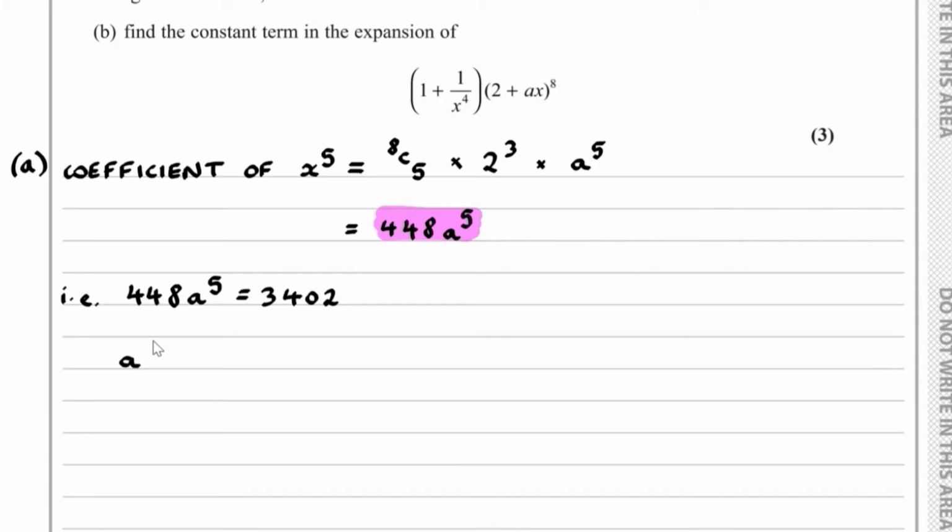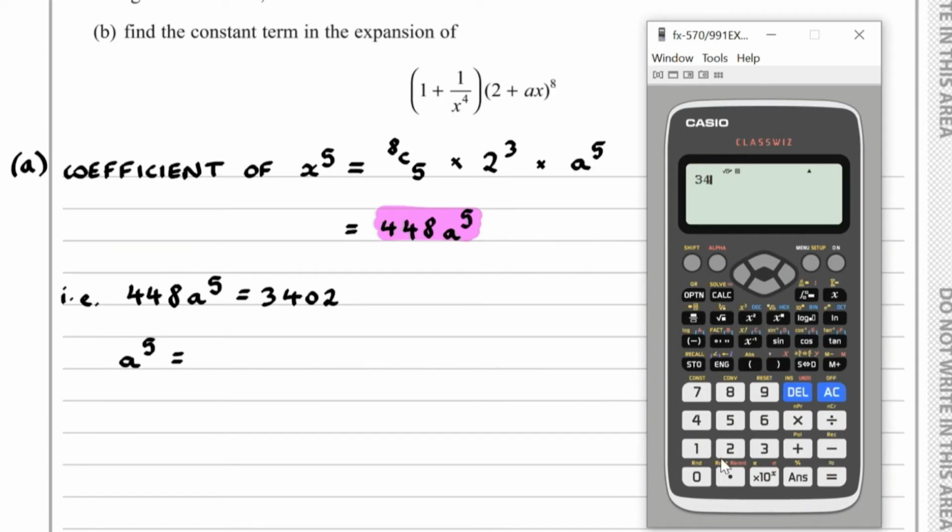So a to the power of 5 is equal to 3402 divided by 448, which is 243 over 32.